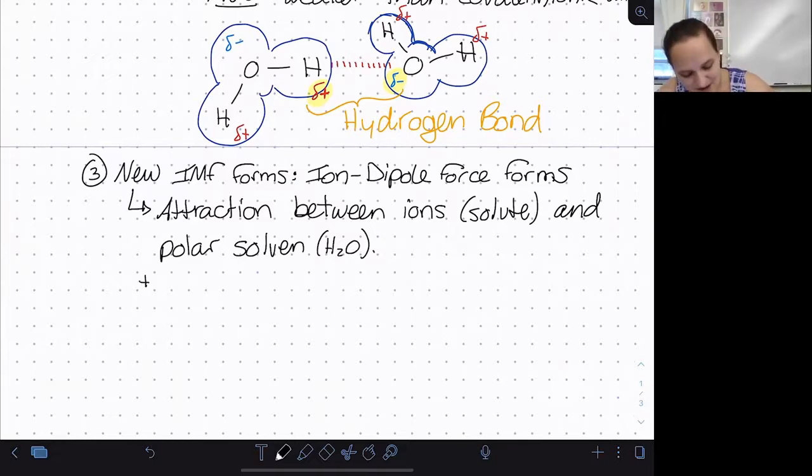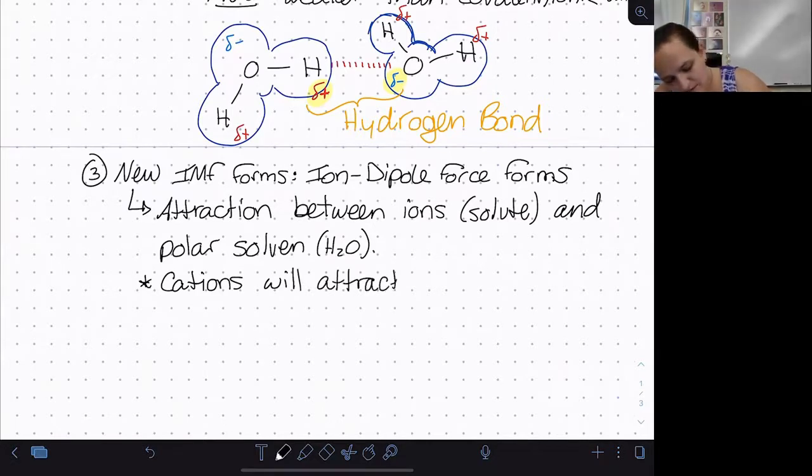So any cations will attract the negatively charged end. So remember that cations are positive. The cat has paws.